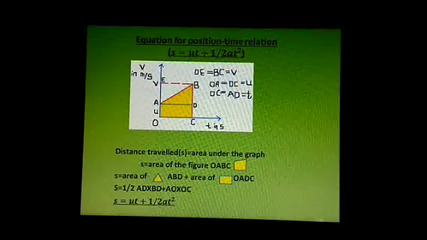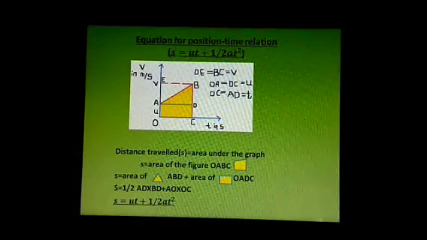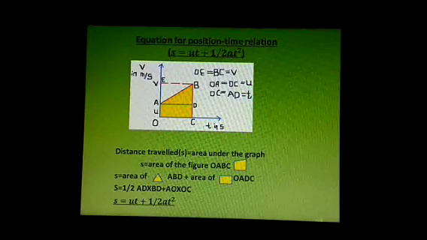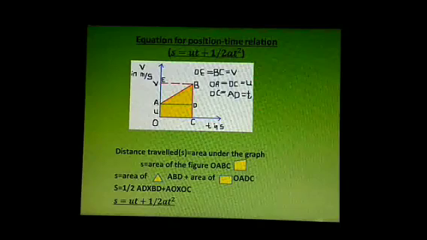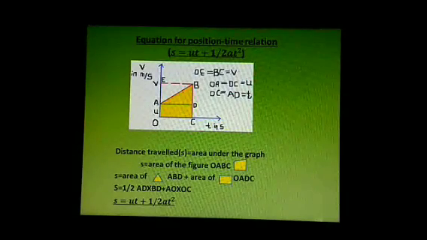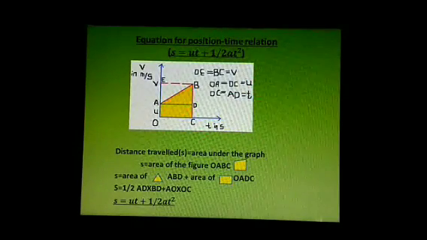Here S is equal to area of triangle ABD plus area of rectangle OADC. That is half into AD into BD plus AO into OC. So you can substitute these values from the graph and then you will get the equation S is equal to UT plus half AT square.